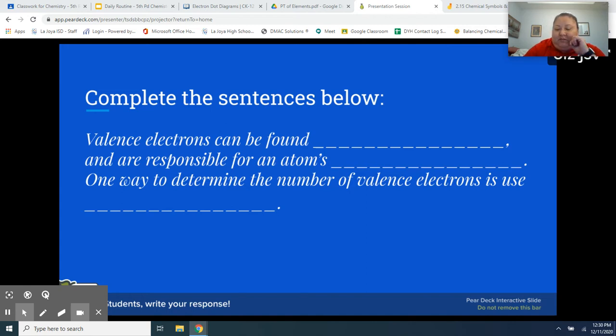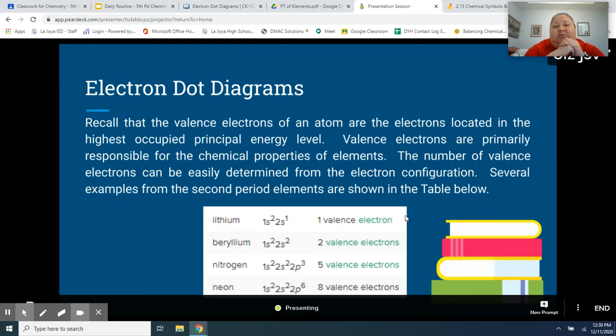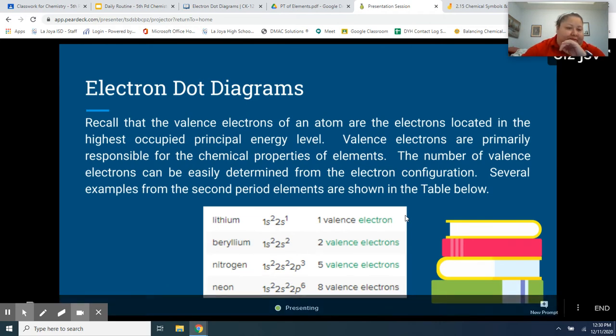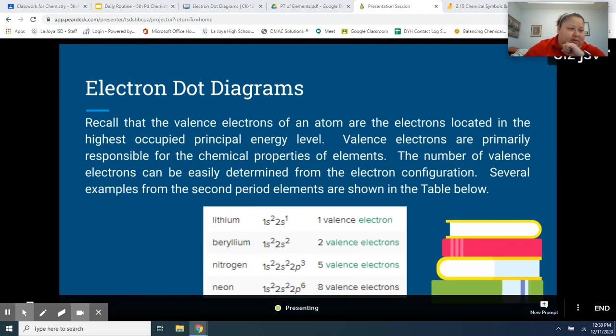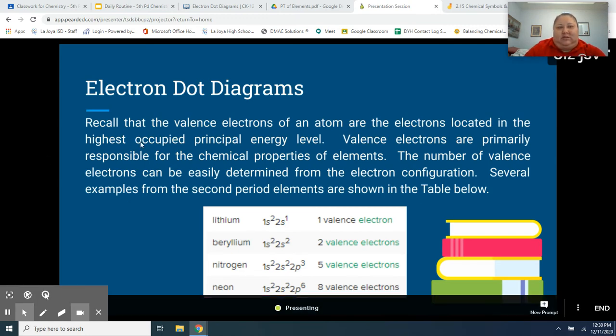What are they responsible for? Do we need to go back to the last slide? Come on, help me out. They do have negative charges, but what are they responsible for? Properties of elements. Yes, chemical properties of elements.